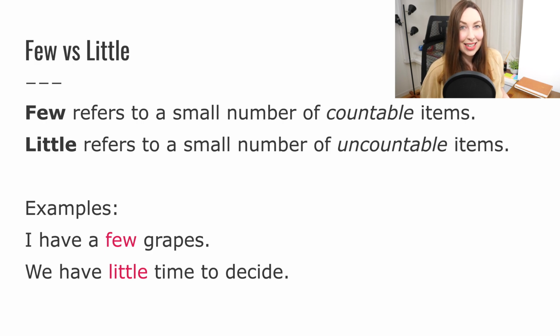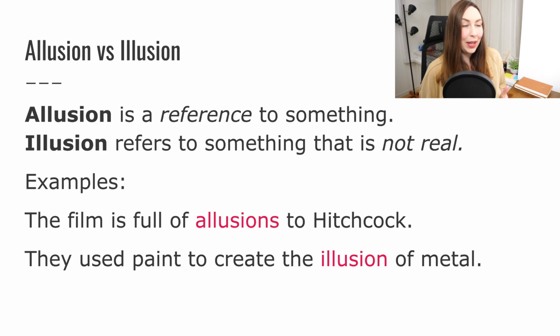Let's check the next pair. Here we have two very similar looking words. Allusion versus illusion. Listen to that pronunciation difference. Allusion, illusion. Can you hear the difference? So lots of people confuse these two words, even native speakers.